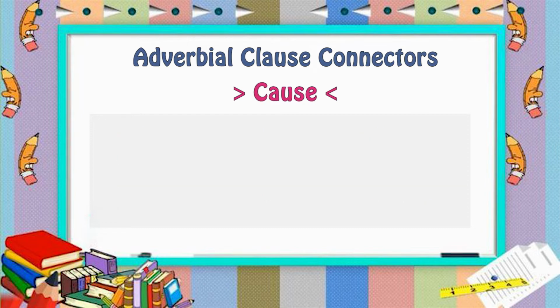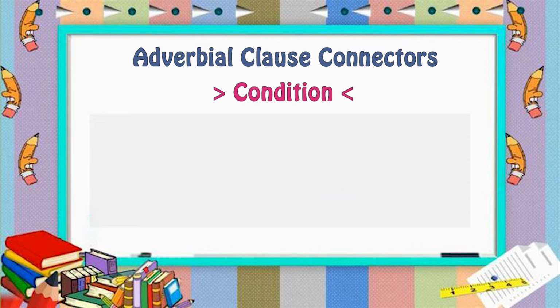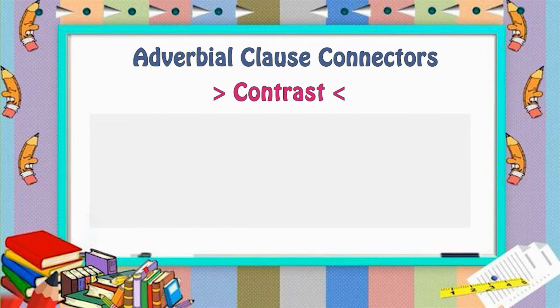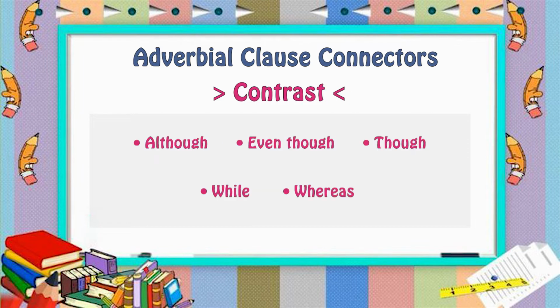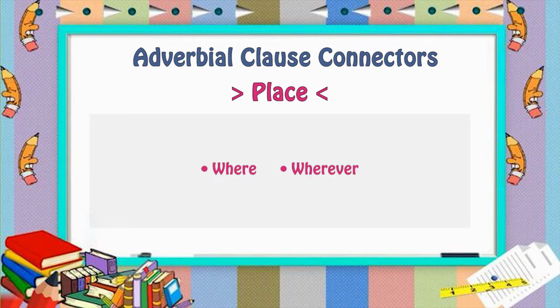Cause: as, because, inasmuch as, now that, since. Condition: if, whether, in case, provided, providing, unless. Contrast: although, even though, while, whereas. Manner: as, in that. Place: where, wherever. So those are the connectors.